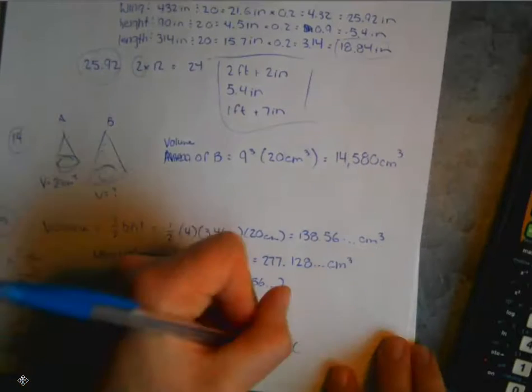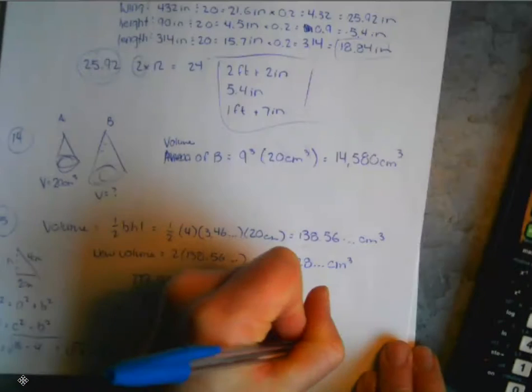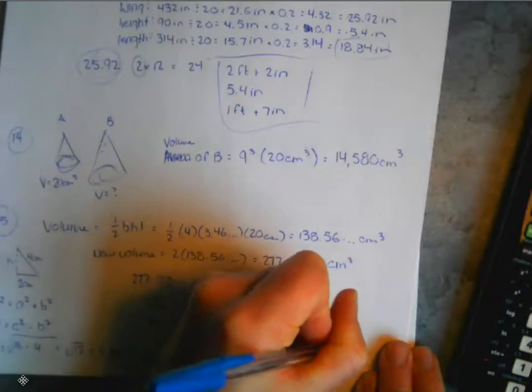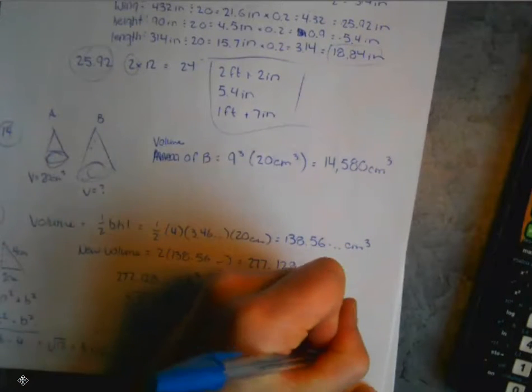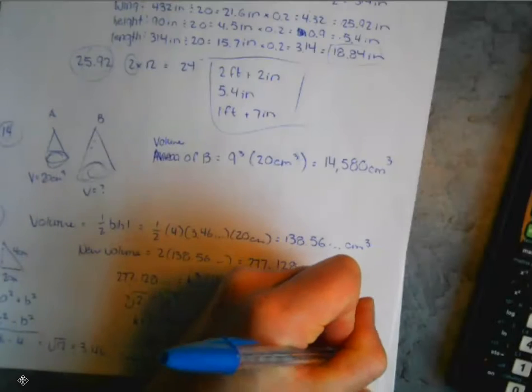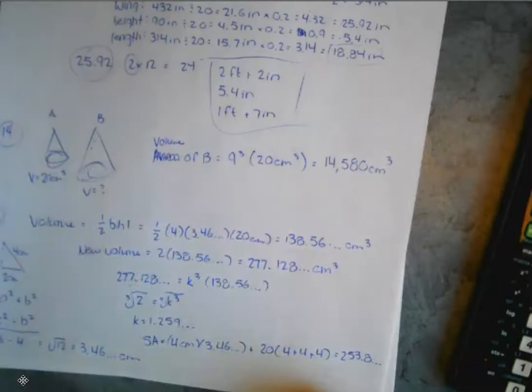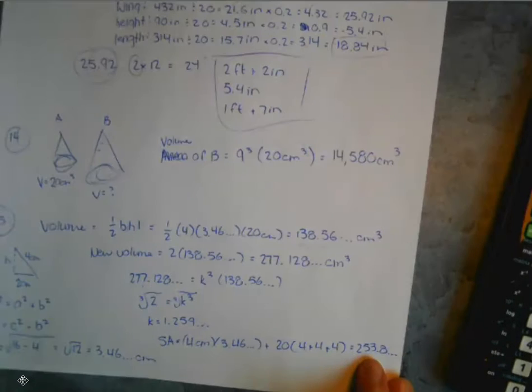Now all sides of the triangle were 4, so basically 3 times 4. And when we do that, we end up with 253.8 something. So that was our original surface area, and we want to solve for the new surface area.